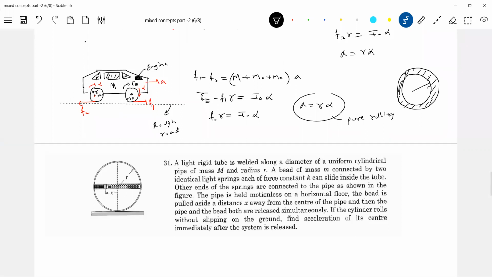So when you put refurbished tires on the vehicle, pure rolling will not be there. Slipping will be there, and it will consume your fuel and the mileage will come down. Therefore, refurbished tires should not be used, only factory made tires, because they are designed so that friction will be sufficient for pure rolling. Everything matters. You can't take any diversions.